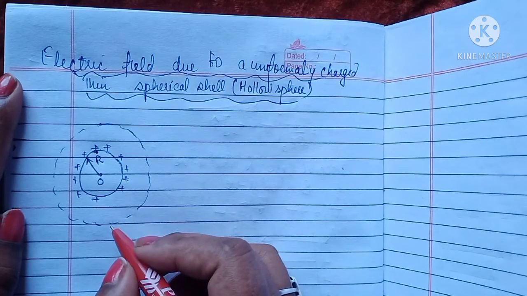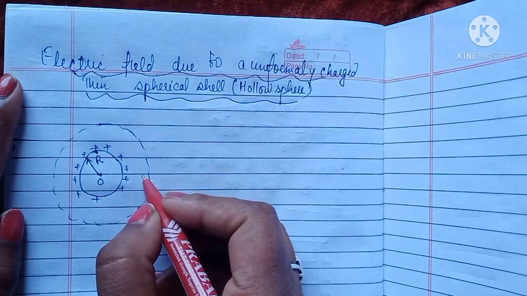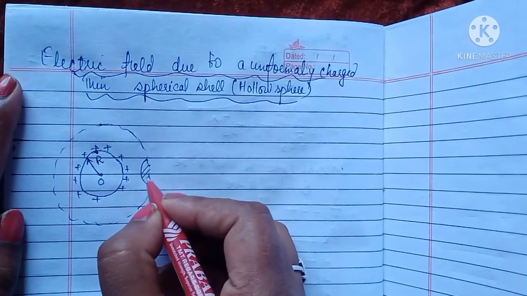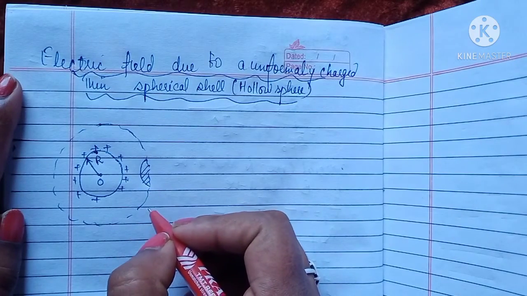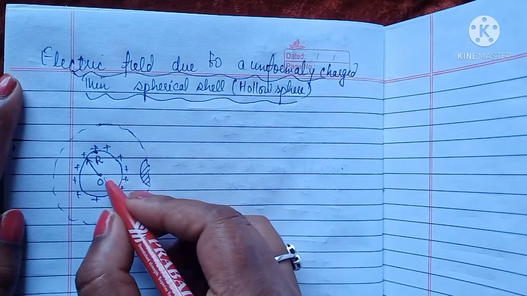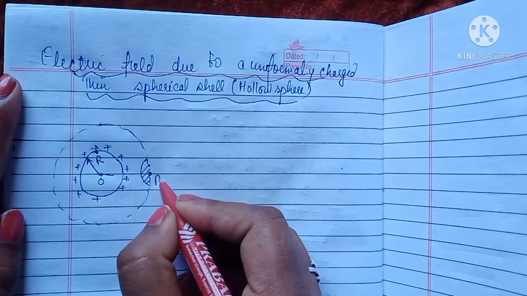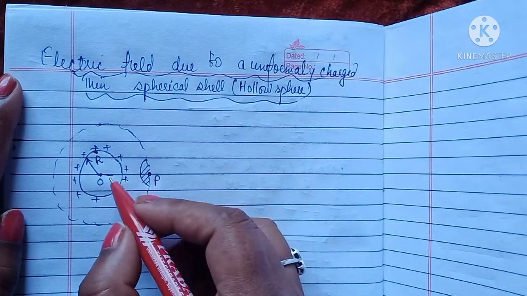Now on this Gaussian surface, we have to take a small elemental portion as we have done in the previous derivation, in the similar manner. Let's say the point P where you have to calculate the electric field lies on the Gaussian surface.